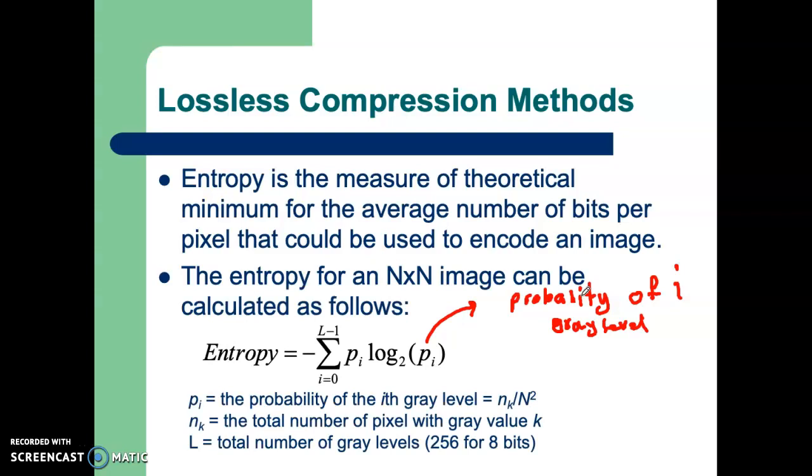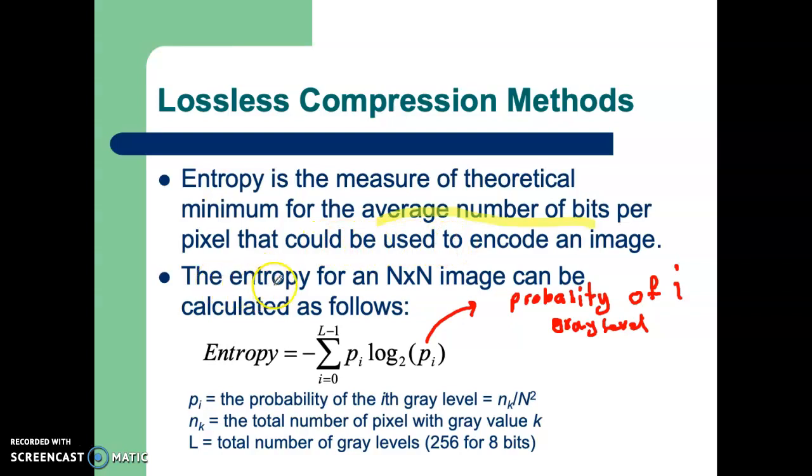So entropy is the measure of the theoretical minimum for the average number of bits per pixel that could be used to encode an image. So if you have an image, the first step is to calculate the entropy. Entropy is important so that you can measure the theoretical minimum average number of bits that could be used to encode the image.